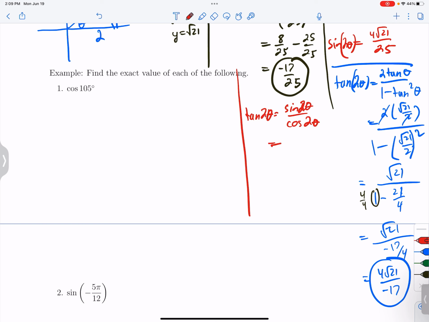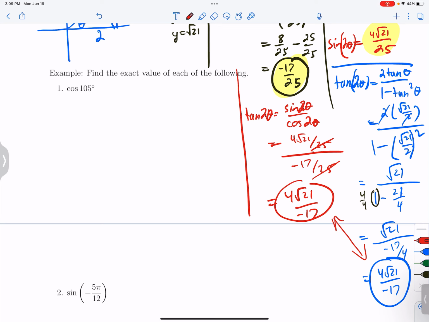So this is going to be 4 square root 21 over 25 divided by cosine of 2 theta, which is here, negative 17 over 25. The 25s can cancel, and we're left with 4 square root 21 over negative 17. And that matches what I found here, but probably a little bit quicker of a way. We don't have as many messy fractions.